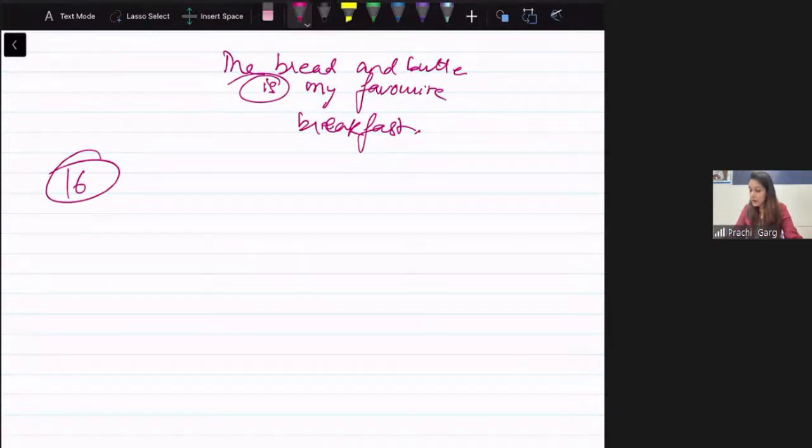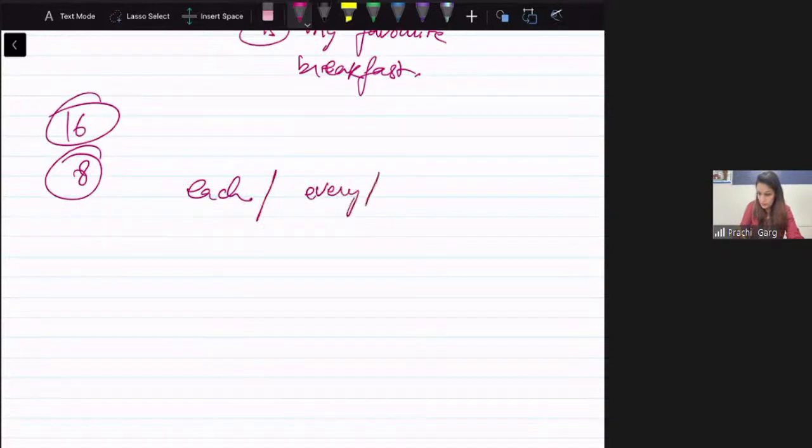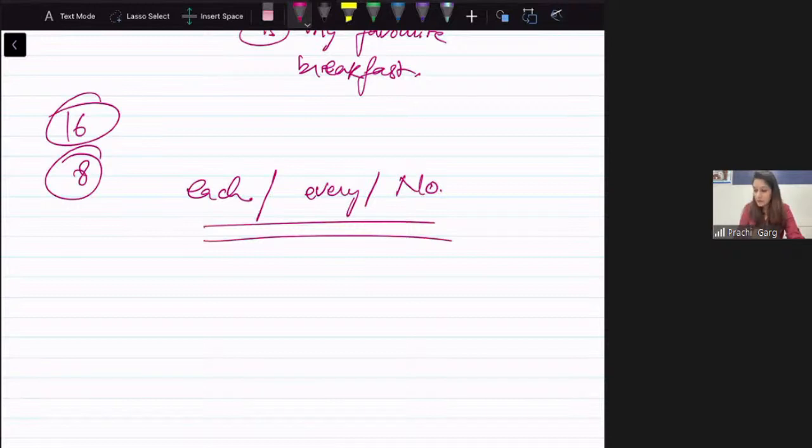Now let's talk about the eighth rule. Again, a very important rule. You can mark it there as an important rule. Whenever any sentence starts with each, every, no, if these words come before the subject, the verb is singular. Am I clear?